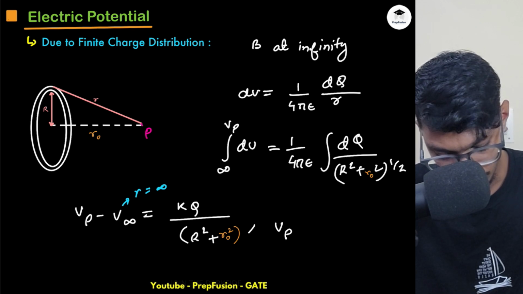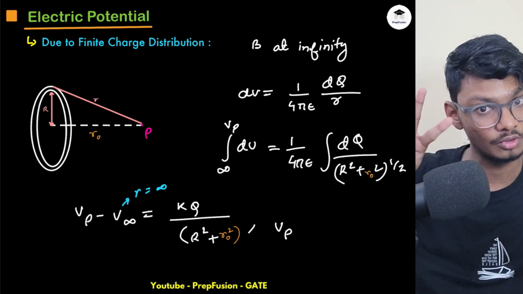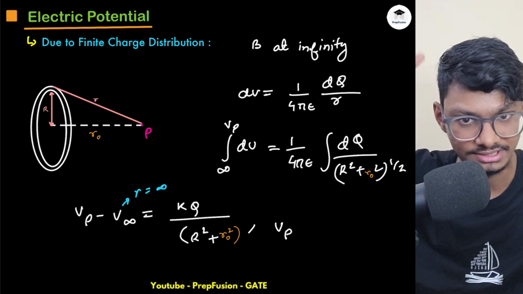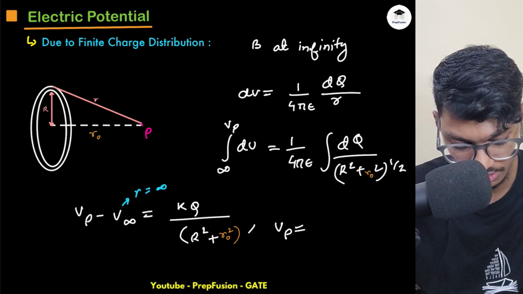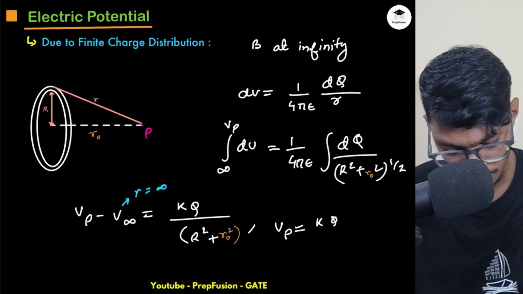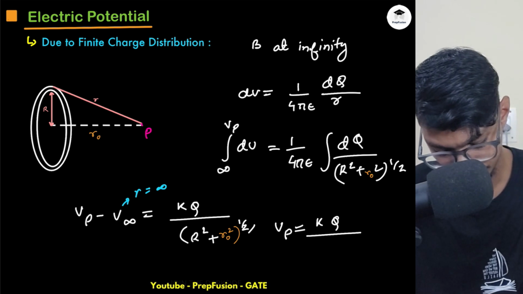So like reference is there. Okay, this is potential due to 2 points, but at infinity the potential is 0. So I can directly say with respect to reference, the potential at point P will be kq by root of (r² + z²). You can derive this, or you can remember this as well.